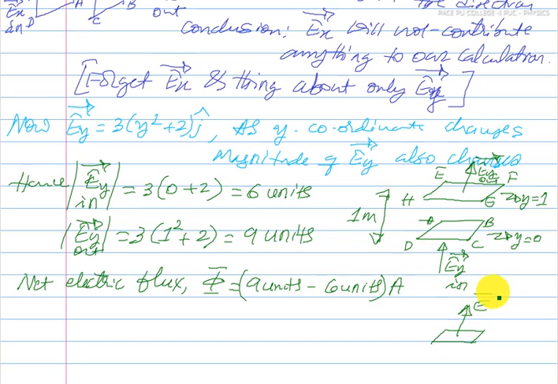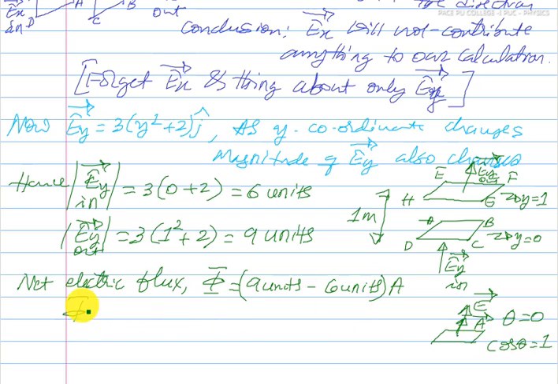The electric field vector and the area vector act in the same direction, so theta becomes 0 and cos theta is definitely 1. So we can neglect cos theta in the definition of electric flux.